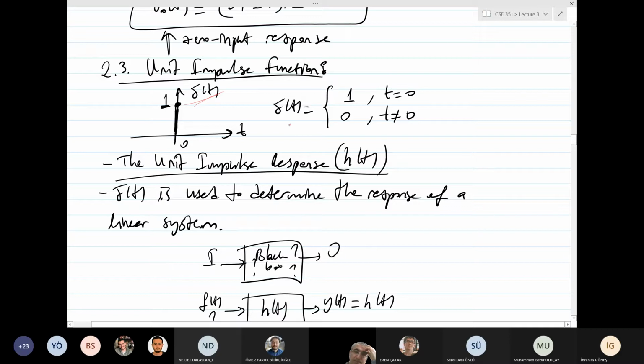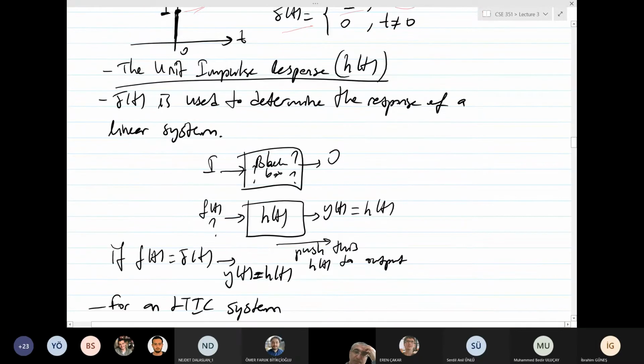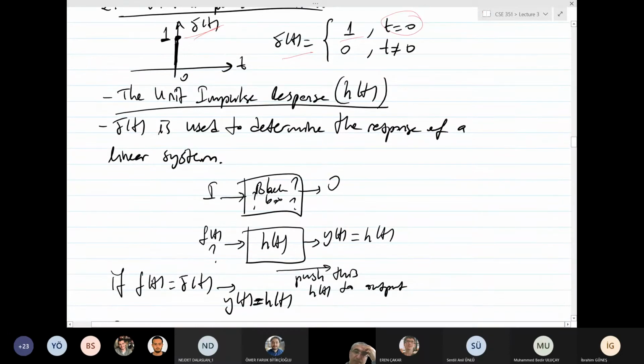According to the definition, delta of t has a non-zero value only at t equal to 0, and for the remaining values, it was equal to 0. So this is an important function that we use in order to find the unit impulse response of a system.